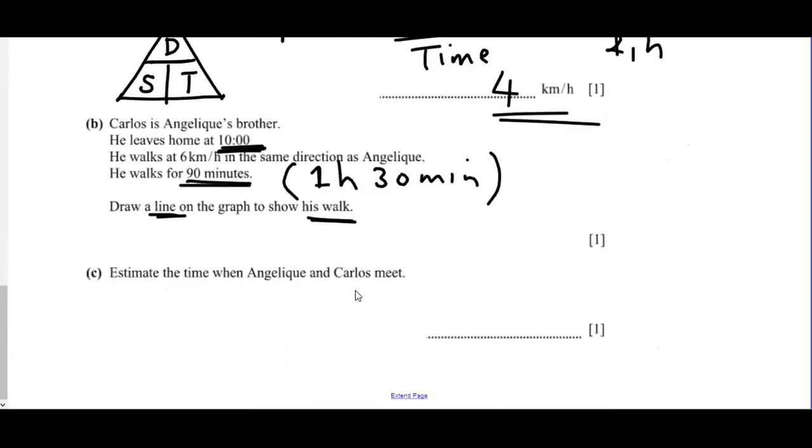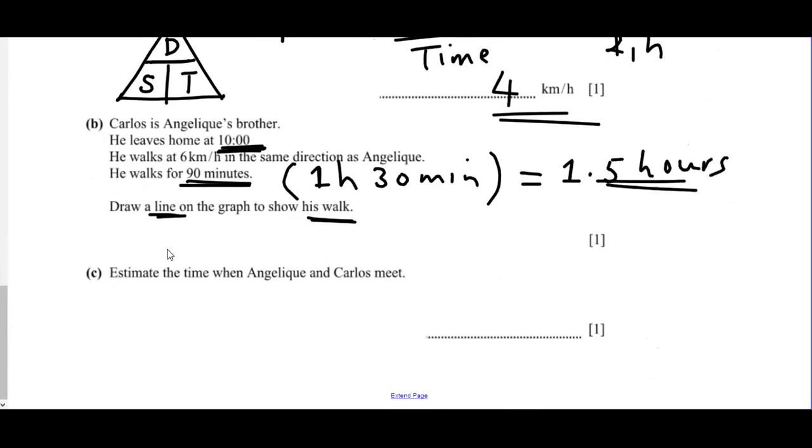So we go ahead calculating the distance he covered. He walks at a speed of 6 kilometers per hour in the same direction as Angelique. He walks for 90 minutes, which is 1 hour, 30 minutes, the same as 1.5 hours.